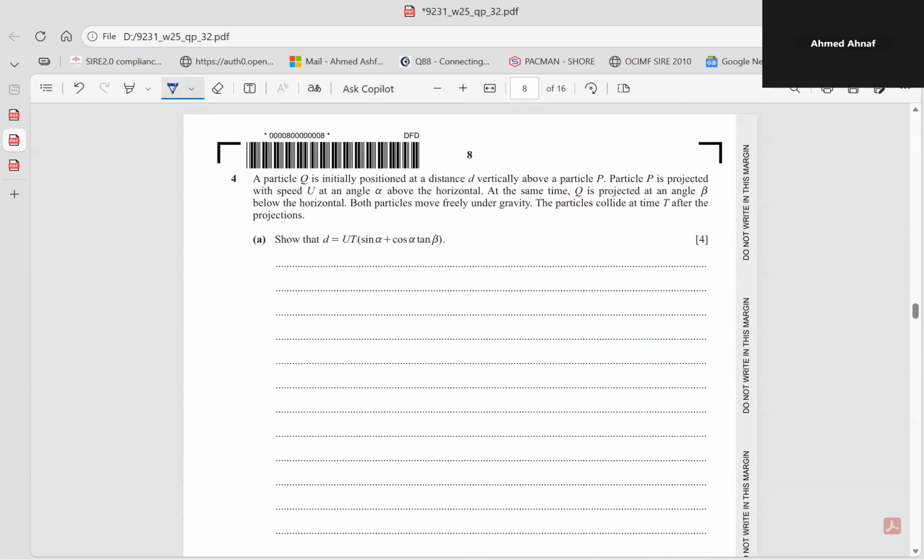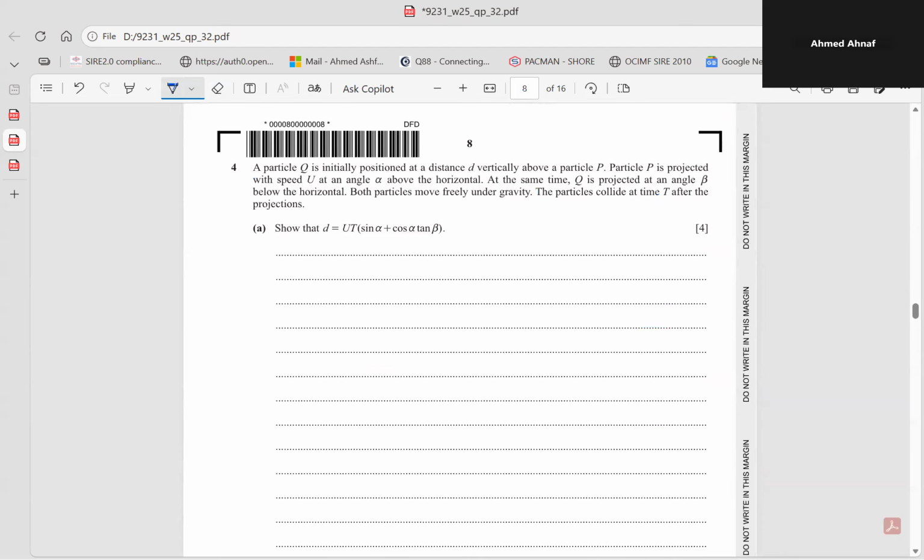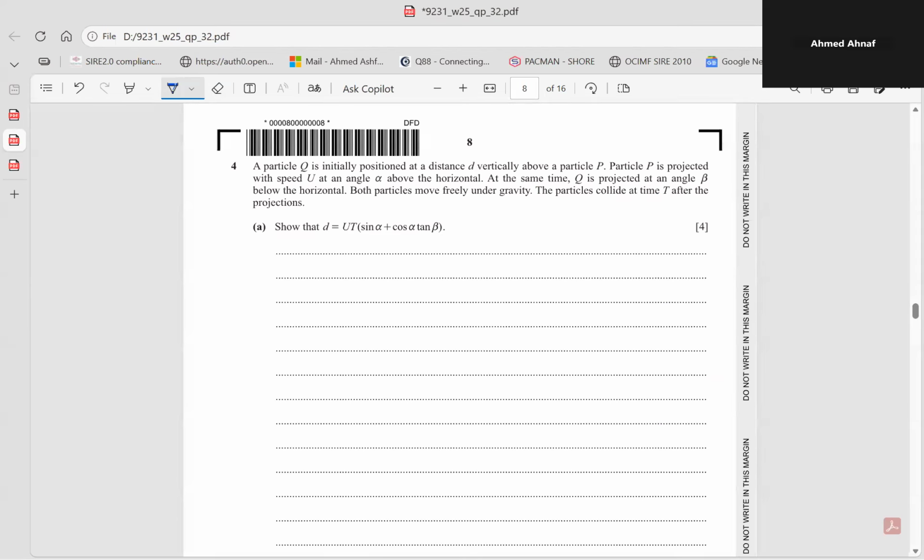Let's move on to the next question. For this question, we're told that a particle Q is initially positioned at a distance d vertically above a particle P. So Q is directly above P, and they are both distance d from each other.